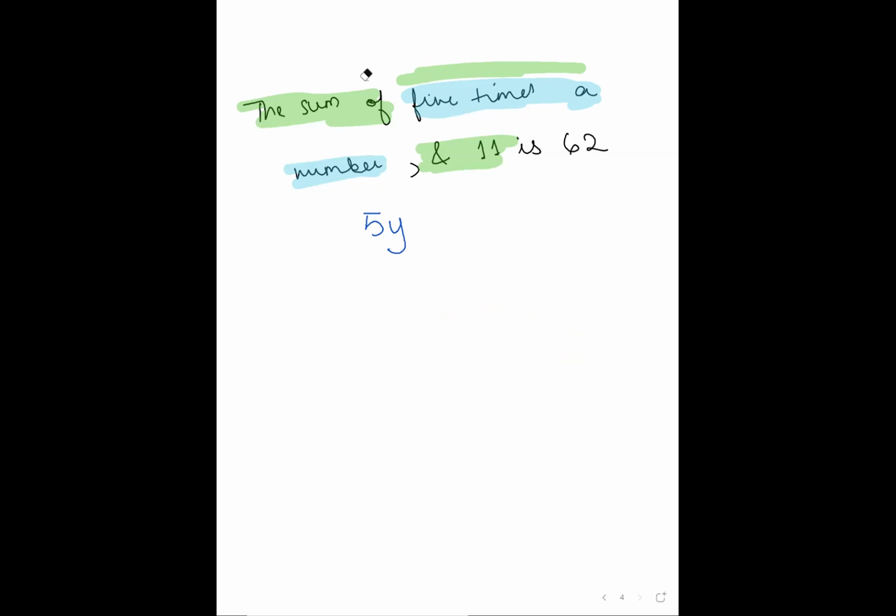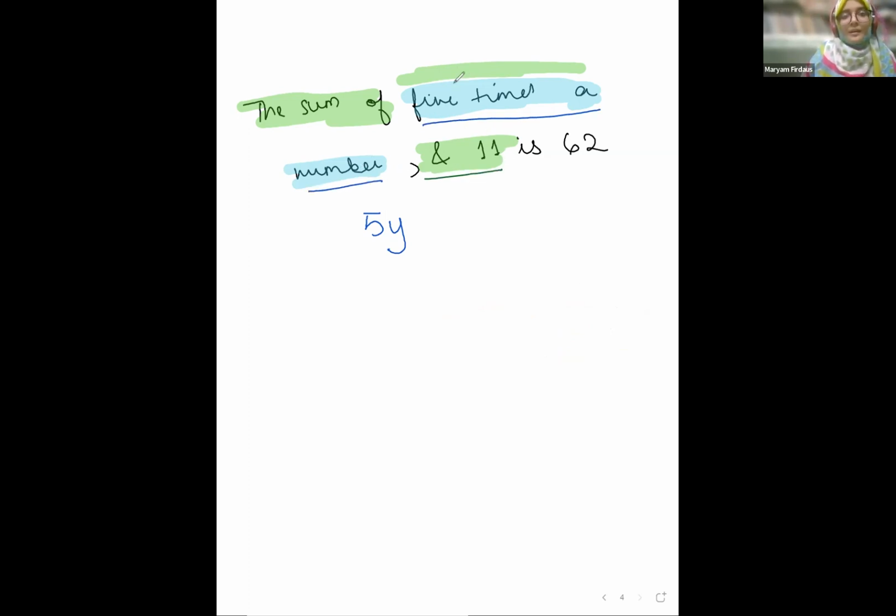Now take a look at the question. It says the sum of this thing, which is in blue, and 11 is 62. Forget about 62. Just tell me the sum of the blue thing and 11. How are we going to write it?